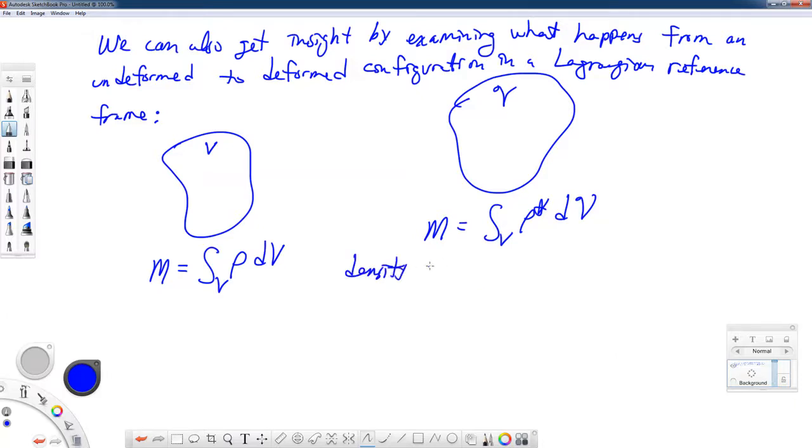So we can write down the density changes from rho to rho star, keeping the same mass.